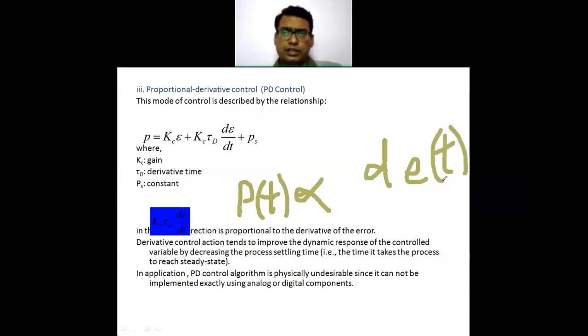Epsilon and the E are the same, upon the dt. So this is the derivative part, and the proportional part is directly proportional to the error et.